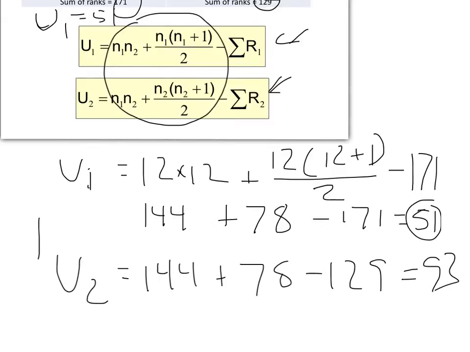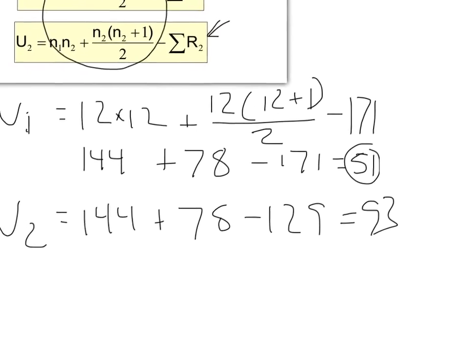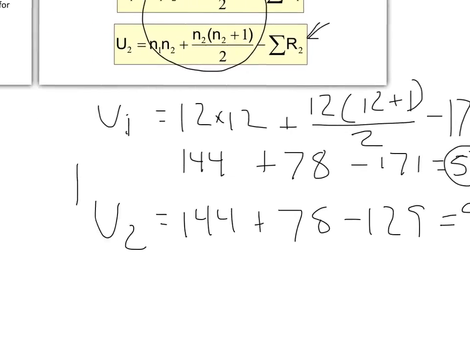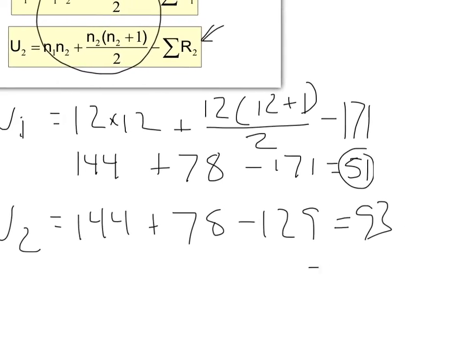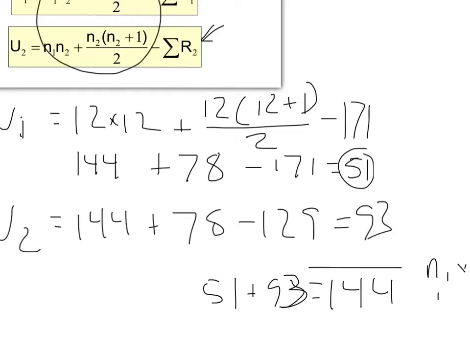Now a way to check your work here is that these two values, 51 and 93, if you sum them, 51 plus 93 equals 144, which is going to be the same as n1 times n2.